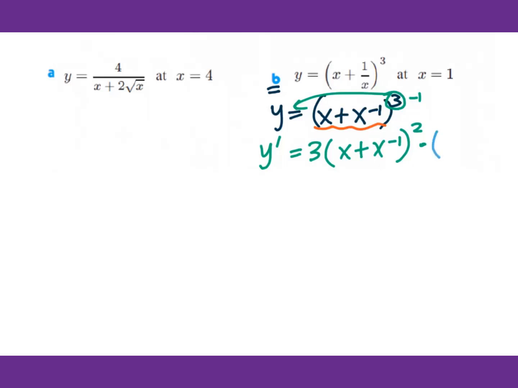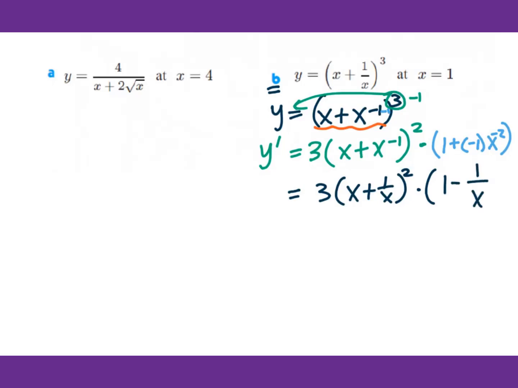The derivative of x is 1, plus negative 1 times x to the negative 1 minus 1, that's negative 2. So we get 3 times (x plus 1 over x) squared times (1 minus 1 over x squared).